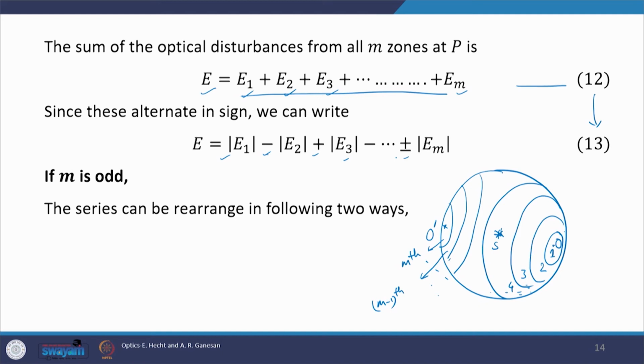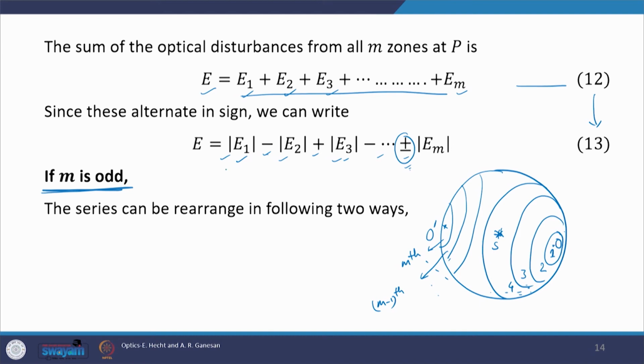E1 is positive while E2 is negative, E3 is positive while E4 is negative, and so on and so forth. But we do not know whether the total number of zones is even or odd. Therefore, we put both plus and minus here, it is not decided yet. But now, let us consider a case when m, the total number of zones, is odd.